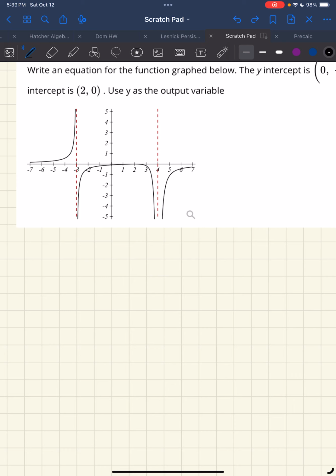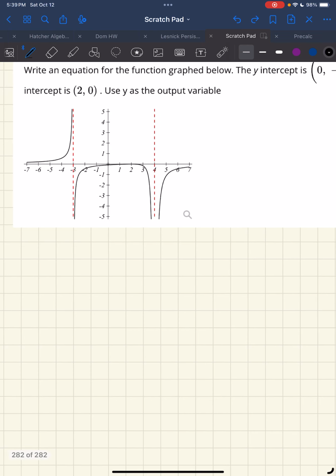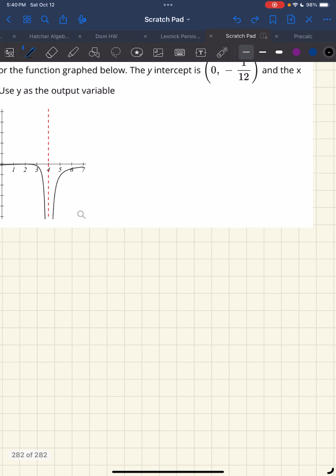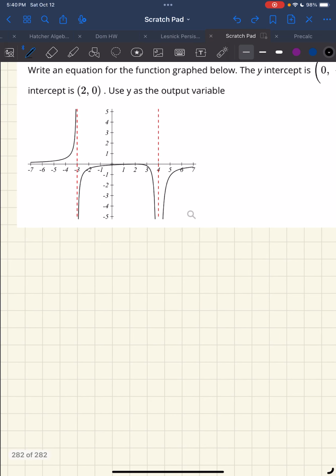That means upstairs, the numerator must have a smaller degree than the denominator. Doesn't tell me a whole lot, but certainly tells me enough. Also, it is telling me there is one x-intercept at (2, 0), which means the only thing that'll make this function 0 is when x is equal to 2.